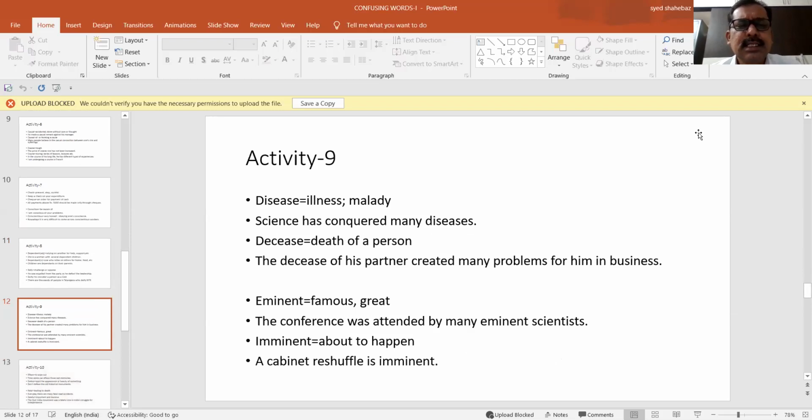Activity 9, disease. Look at the spelling. D-I-S-E-A-S-E, disease. Disease means illness, malady.